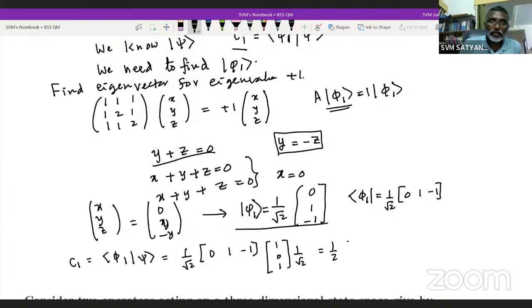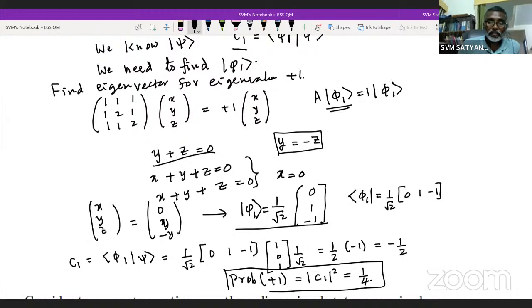So you get only minus. So this is equal to minus half. So what is the answer? Probability to get plus 1 is equal to C1 square, which is equal to 1 by. This is the answer.